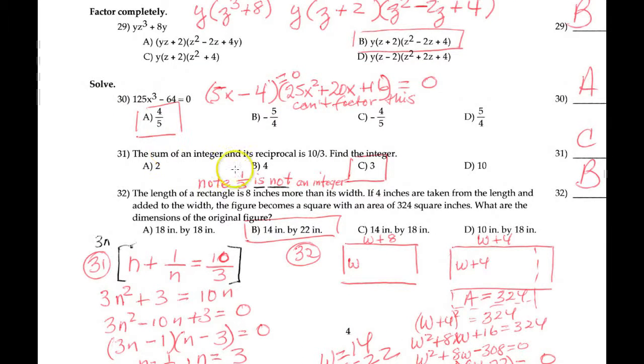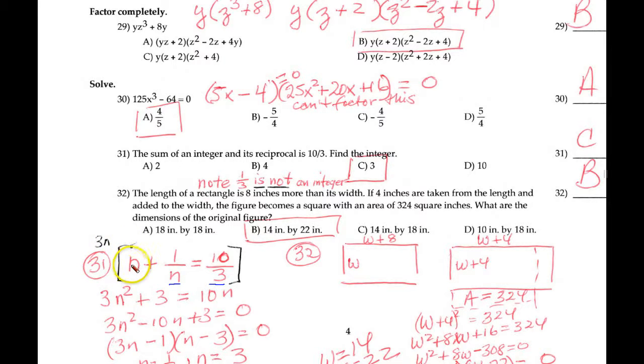Now the sum of an integer and its reciprocal is 10/3. So there's a number, we don't know what it is, it's an integer, plus its reciprocal is equal to 10/3. So how do we solve this? Well, we solve it by multiplying each term by the lowest common denominator, which happens to be 3n.